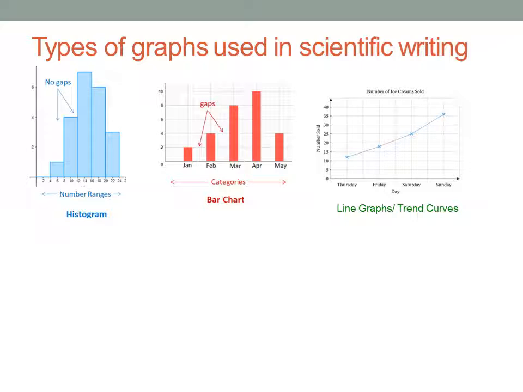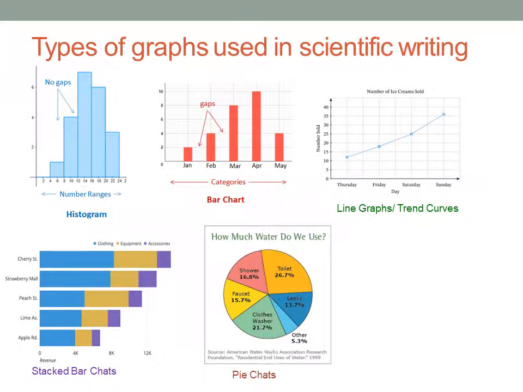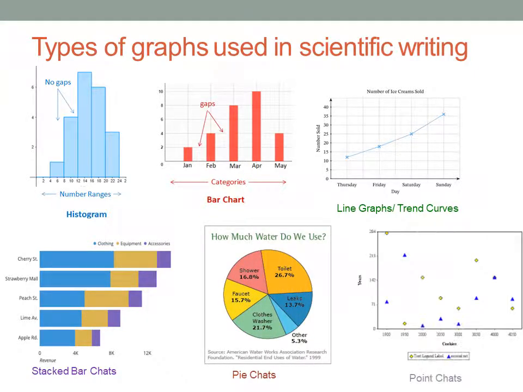This could be either relationship plotting, or you can just show the line graphs. Then you have stacked bar charts, pie charts, and also point charts. Now, usually in the case of line graphs and point charts, that is also called a dot plot, if you have a mathematical relationship between x and y, you will draw a line.